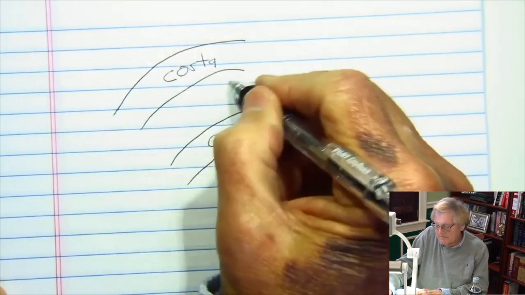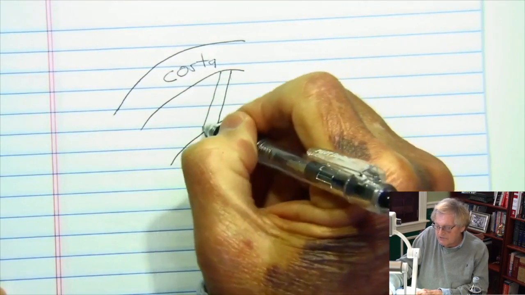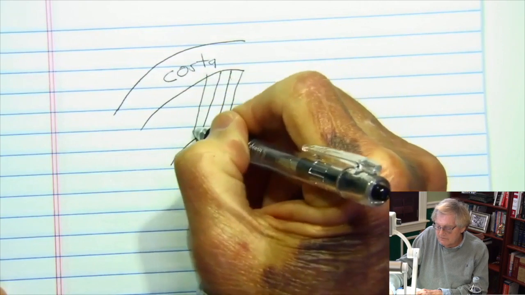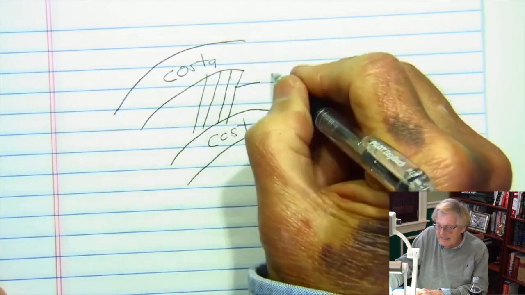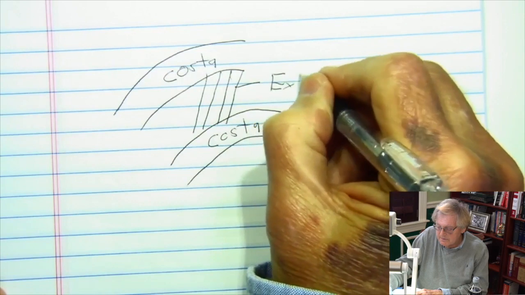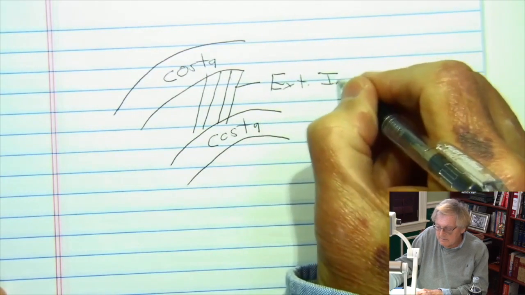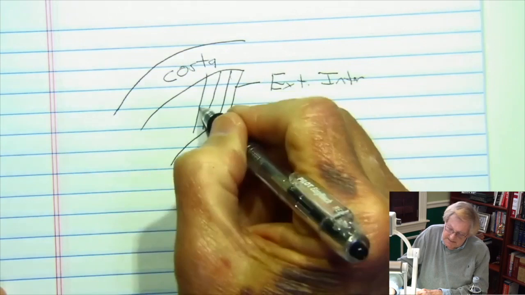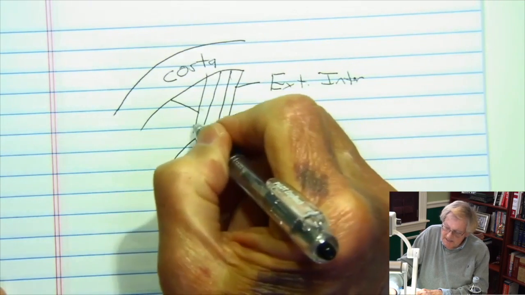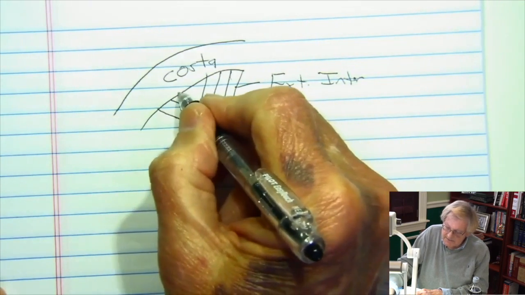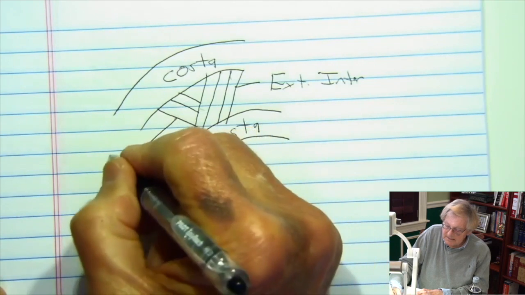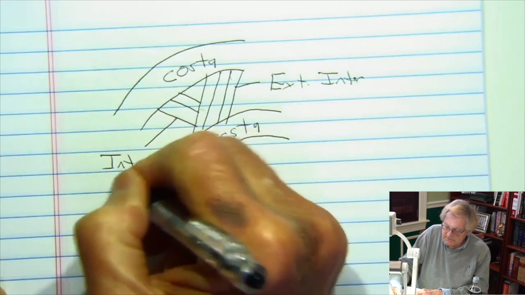Basically, I've got a series of muscles running in this direction. Those would be the first set, and those are my external intercostals. And then deep to the external, in the opposite direction, running diagonally, are going to be the internal intercostals.